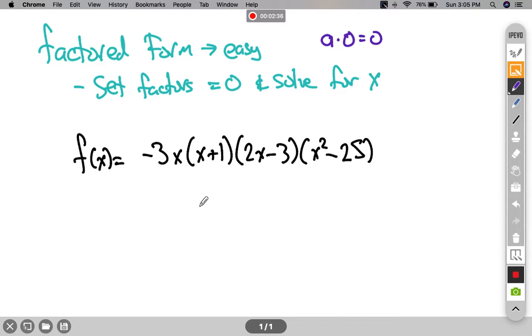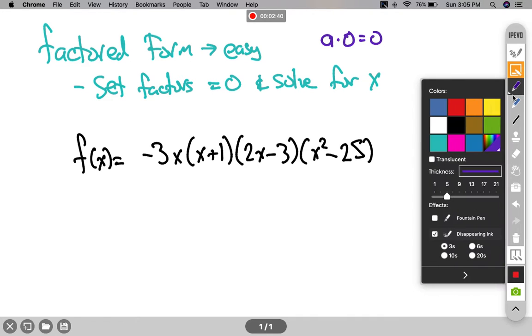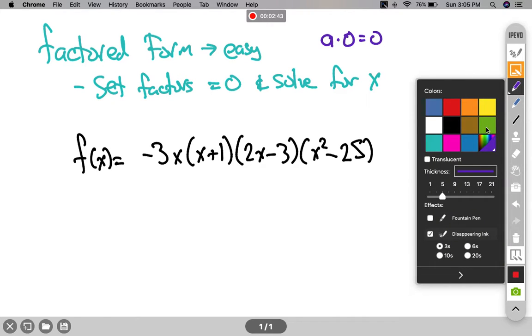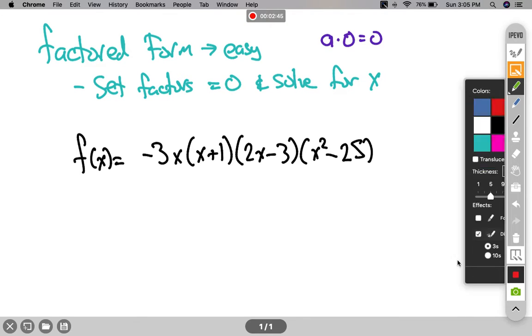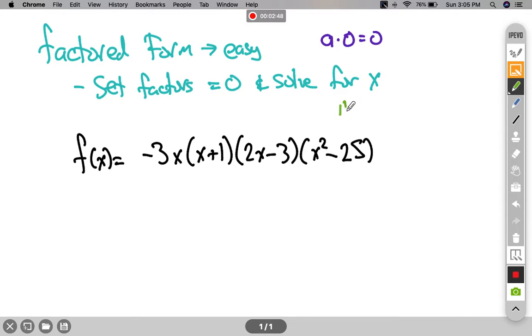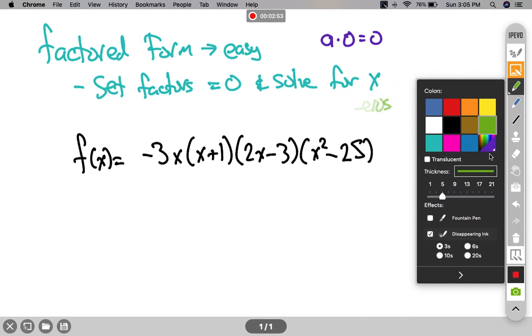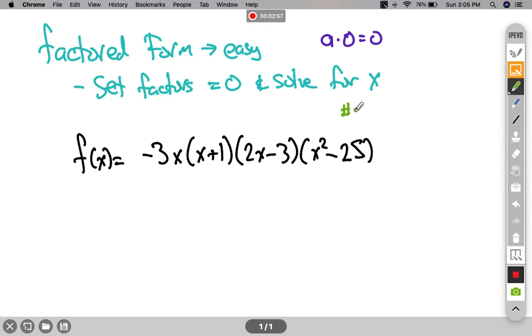The other thing before we get into finding these, a double check that often helps us, is that the number of zeros equals the degree. Now, for the problems we're working on, this will be true.